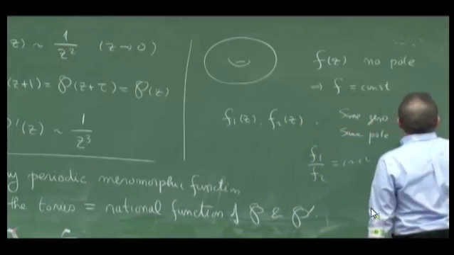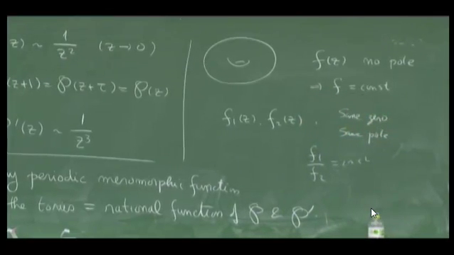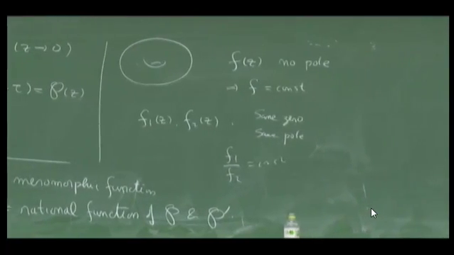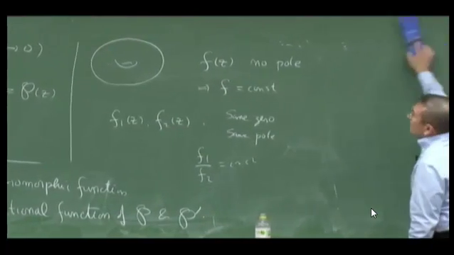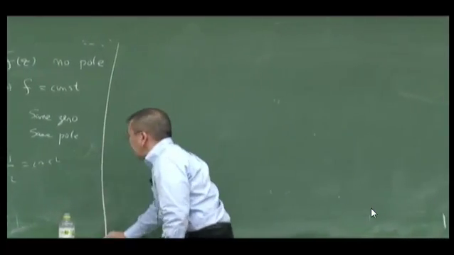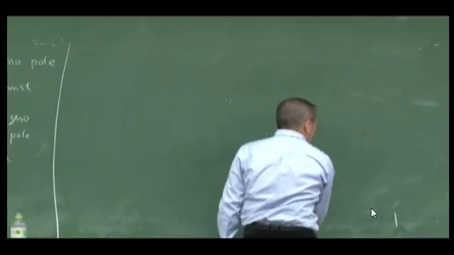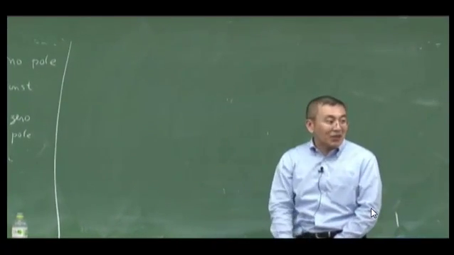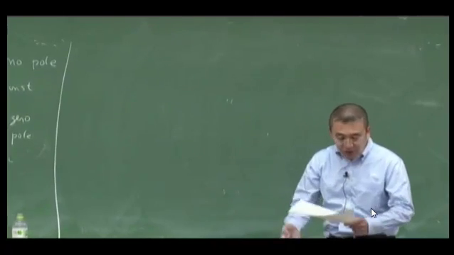So in particular, there is actually algebraic relations between p and p prime. You can prove by using this line of logic that if you can construct two functions that have the same pole and same zeros at the same place, these two functions have to be proportional to each other.